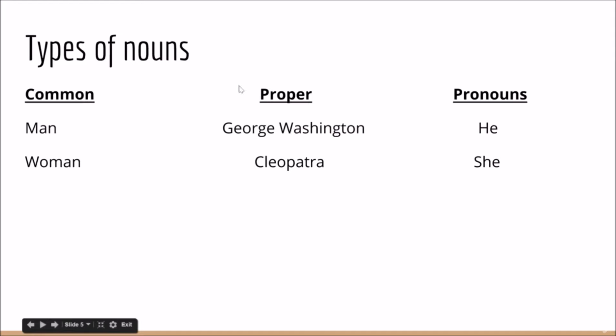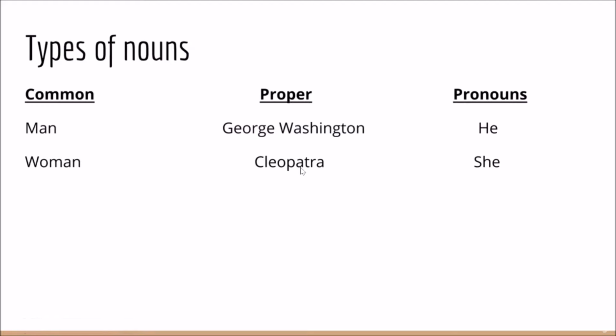So for example, a common noun was man, but a proper noun would be George Washington. He is a man, but he's a specific man. So that makes it a proper noun. Or Cleopatra. She is a woman, but she is a specific woman. She has a specific name.